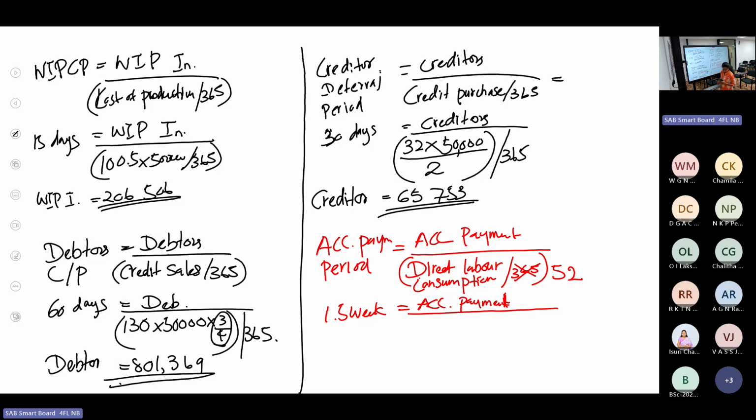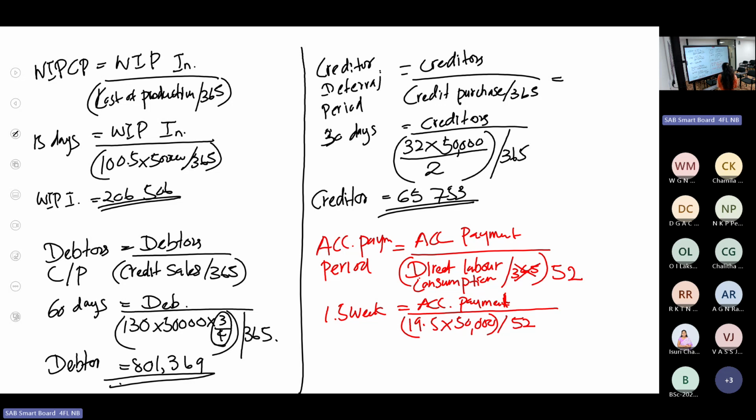Direct labor consumption, the entire direct labor is accrued. So direct labor is 19.5 for 1 unit, and we are producing 50,000 units. So the entire consumption should be divided by 52.